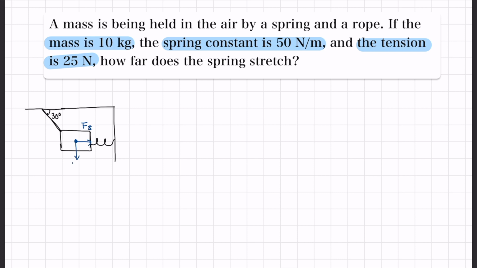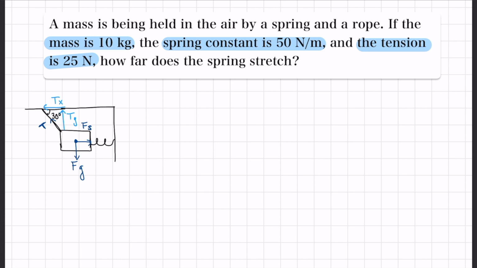We're going to have Fg pointing down, and then we'll have tension pointing along the string. Before we can use our vector addition of forces, we need to break down that tension into a vertical component Ty and a horizontal component Tx.